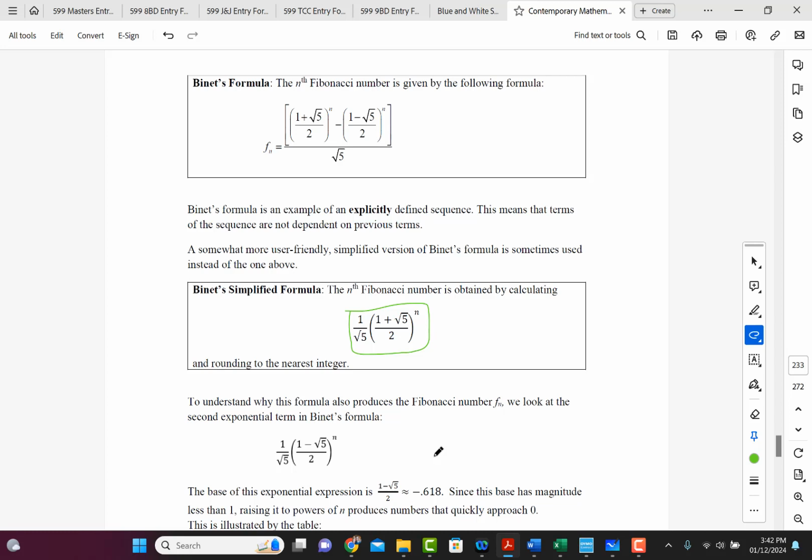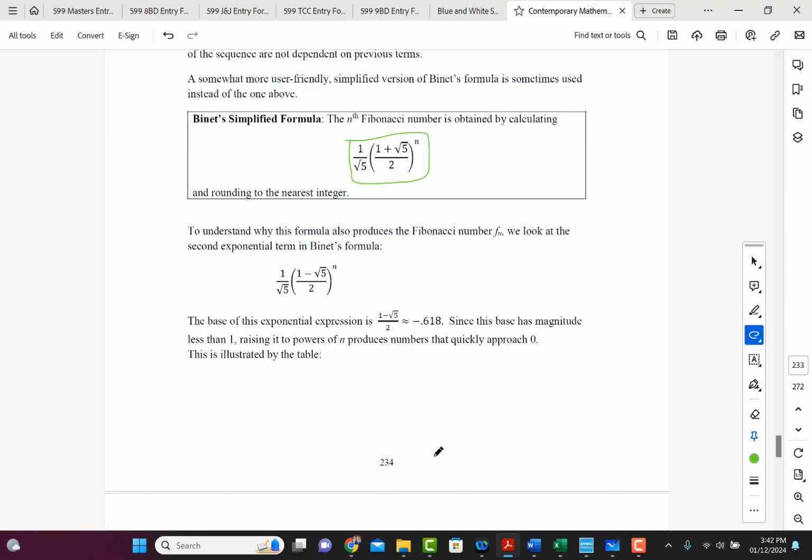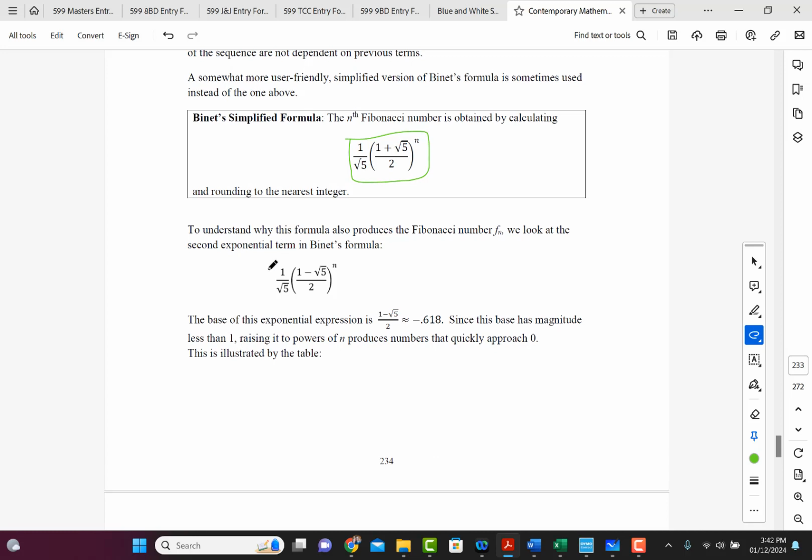Now, to understand why this formula also produces the Fibonacci number f sub n, we look at the second exponential term in Binet's formula. So right here. So the base of this exponential expression is approximately equal to negative 1.618.